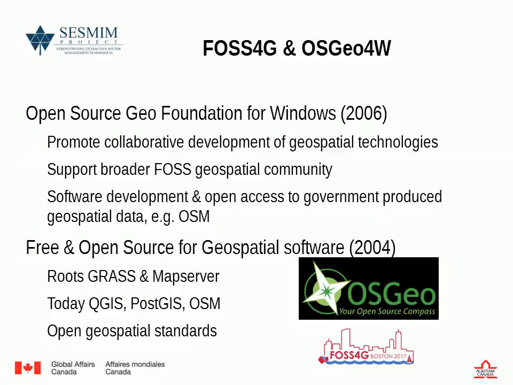The goal of the foundation, here for Windows or Linux, is to promote collaborative development of geospatial technologies, support the broader FOSS geospatial community, and then look at software development and open access to government-produced geospatial data. So they're also an advocacy group to governments around the world to share geospatial data.